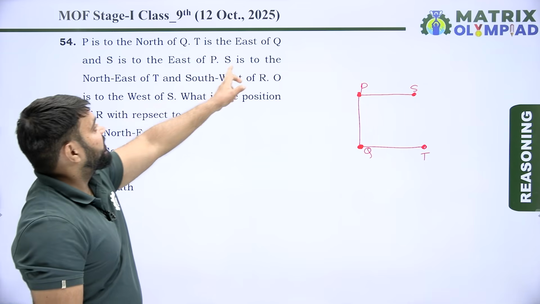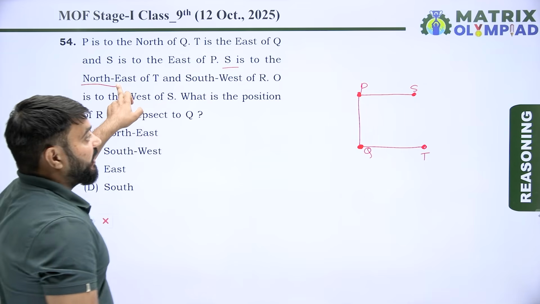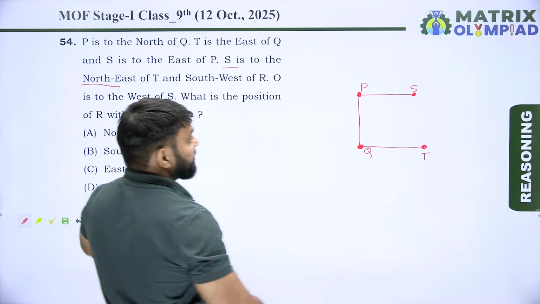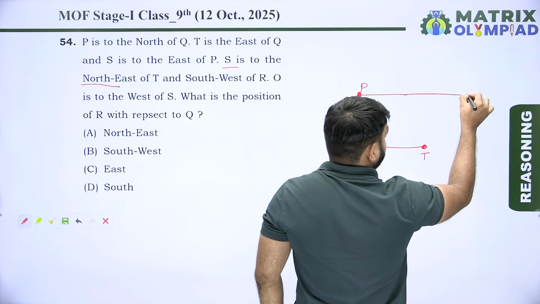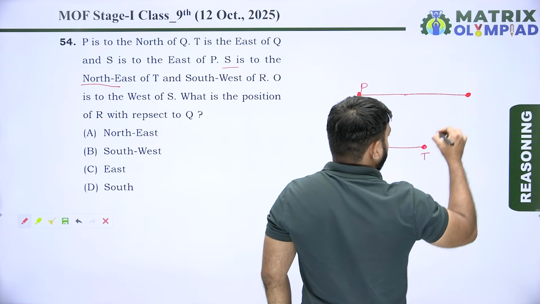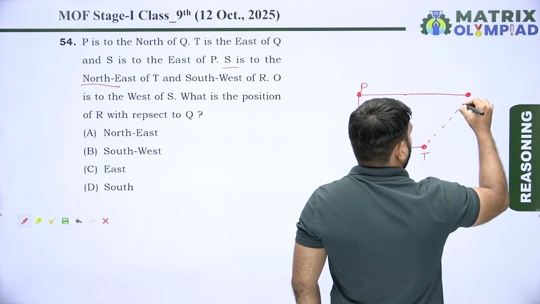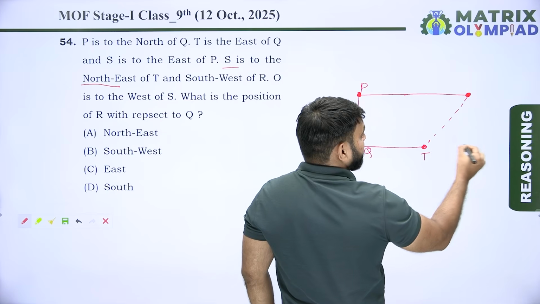Now S is to the northeast of T. S is the northeast, it means the position of S is here, because this is the north and this is the east.